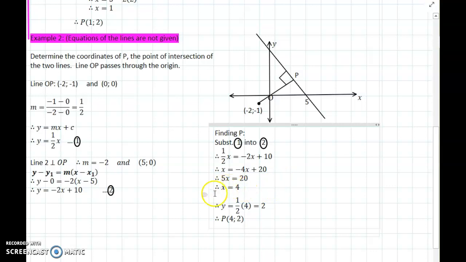And that's not the end, because the point of intersection has an x coordinate and a corresponding y coordinate. So if x is 4, I can substitute this into 1 or 2, but 1 looks easier. So y is half of x, so half of 4 is equal to 2. Therefore, point P is (4; 2).